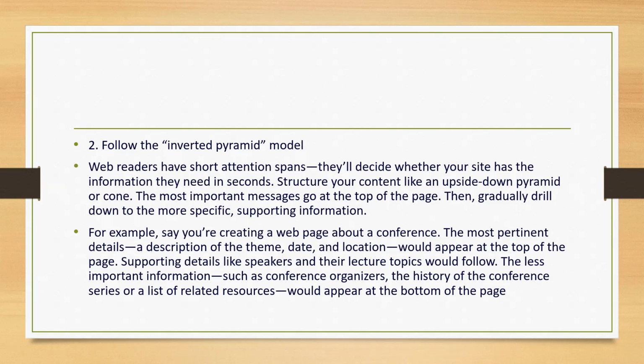The most pertinent details, a description of the theme, date, and location, would appear at the top of the page. Supporting details like speakers and the lecture topics would follow. The less important information, such as conference organizers, history of the conference series, or a list of resources, would appear at the bottom of the page.